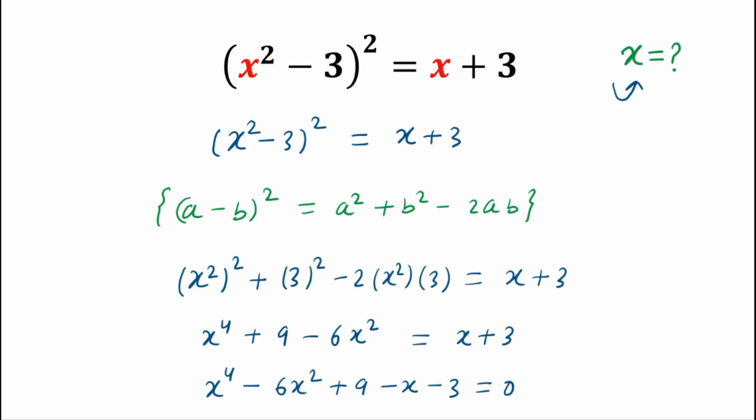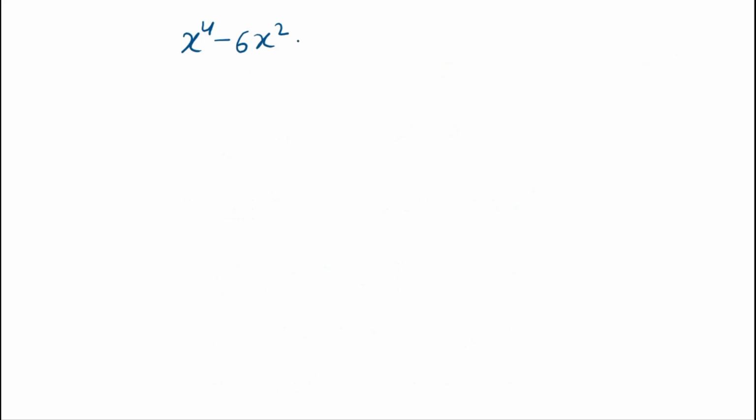On the left hand side, x⁴ − 6x², 9 − 3 is 6, minus x. Here 6 − x, and this is equal to 0. x⁴, and then write − x here, and − 6x² + 6, and this is equal to 0.